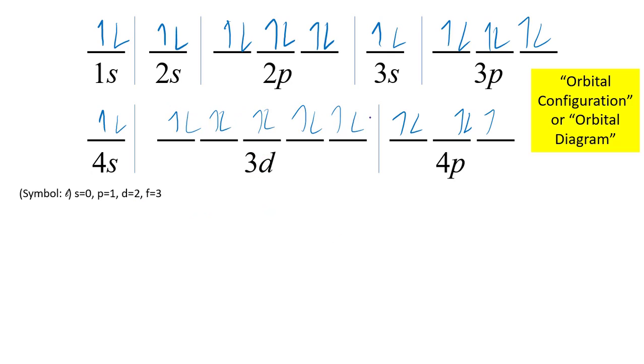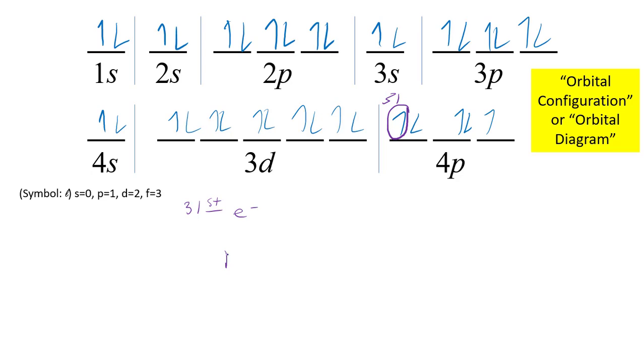Let's do one last one. How about we choose one of these positive ones? Let's choose, how about another p? Let's choose this one. So 2, 4, 6, 8, 10, 12, 14, 16, 18, 20, 22, 24, 26, 28, 30. So this is number 31. So the 31st electron.